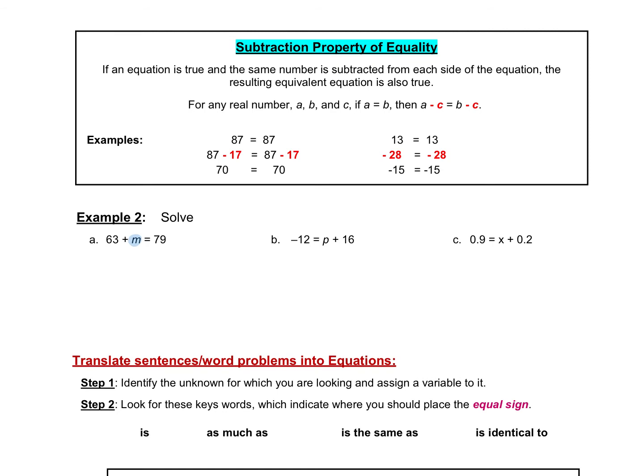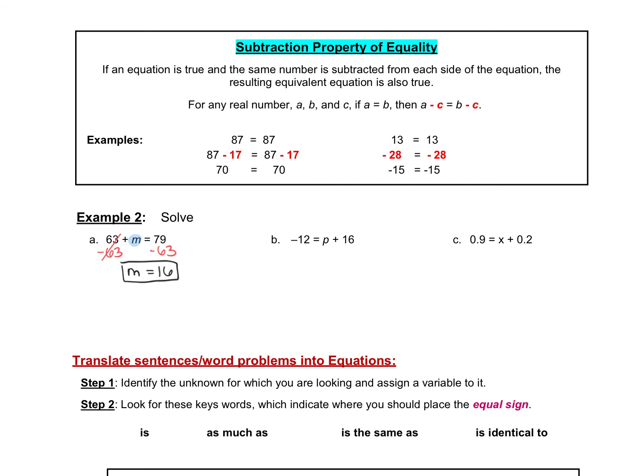So I need to do the inverse of adding 63, which is subtracting 63. And what I do to one side, I must do to the other. Inverses cancel, and I'm left with m equaling 16. Remember, we can always check our work. If we plug 16 back in, 63 plus 16 is equal to 79.